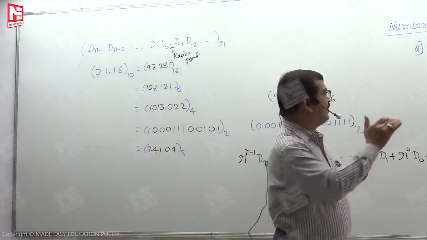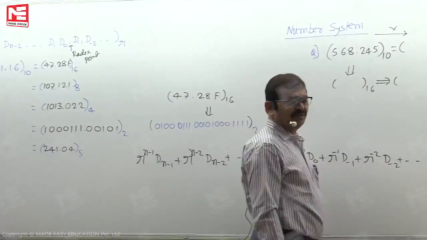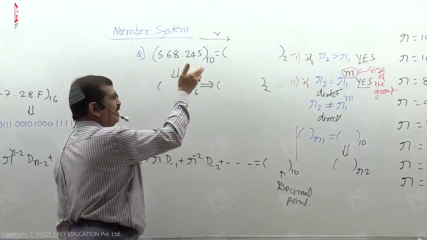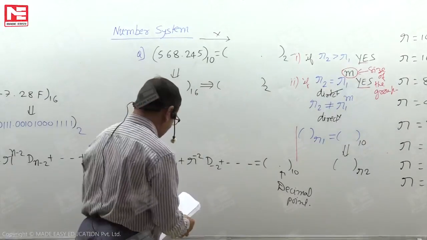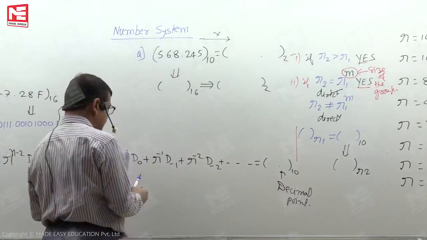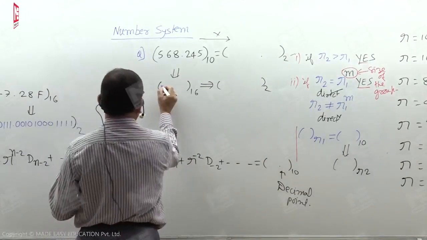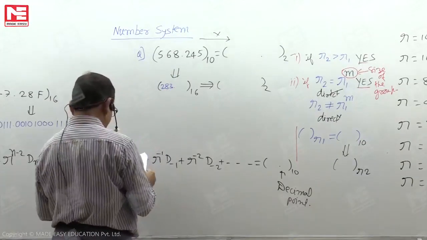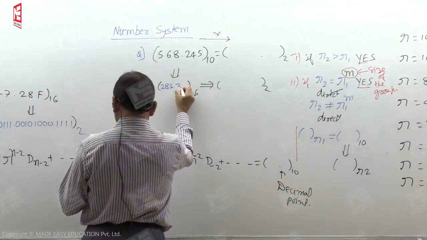If you want to convert directly to binary, no problem, you can do it, but unnecessarily it will take time. If you do like this, it will take less time. If you try like this, the equivalent hexadecimal number here we are having is 283 3EB.